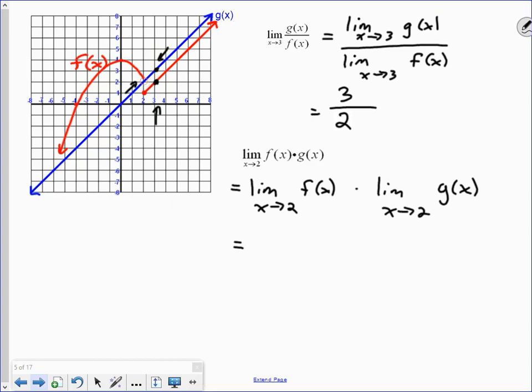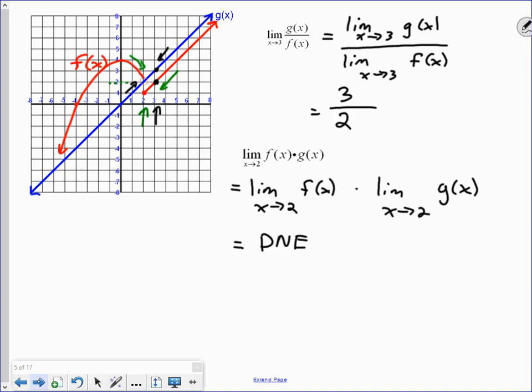The limit as x tends to 2 of f at x does not exist. Because notice, as we tend to 2, which is right in here, as we approach from the left, we're tending towards a value of y equals 2. As we approach from the right, on our red function here, we're tending towards a value of 1. So this limit does not exist.